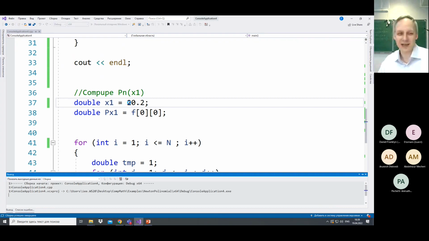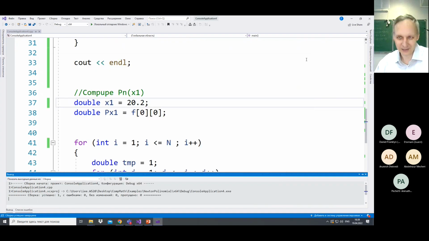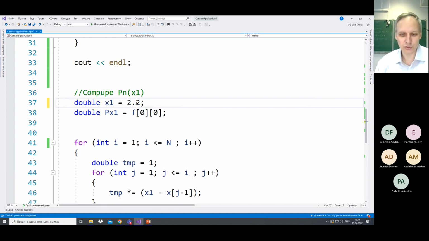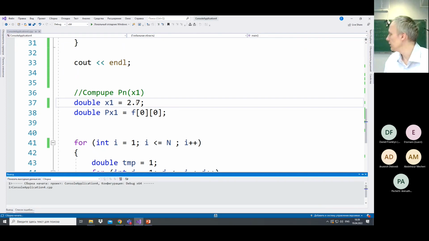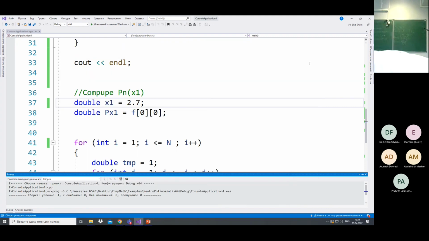Of course, I get some large value, but I can do it. Or 2.7. Any point. I can take any point and compute the value of the polynomial. And this value will be an approximation to the value of the unknown function.